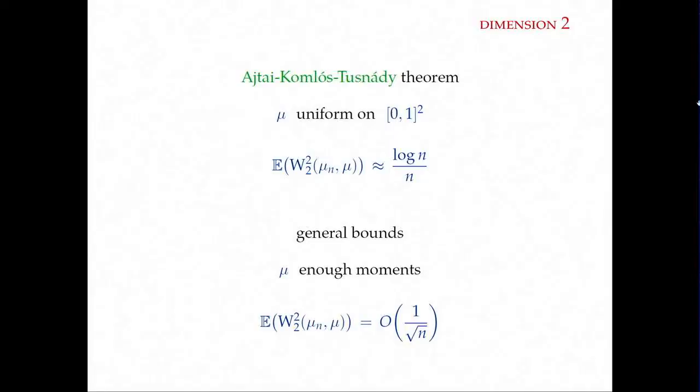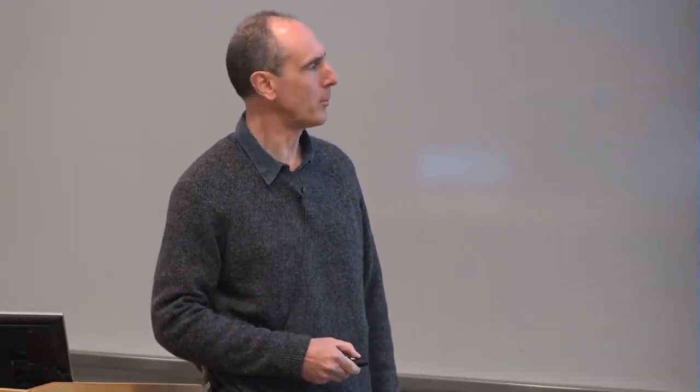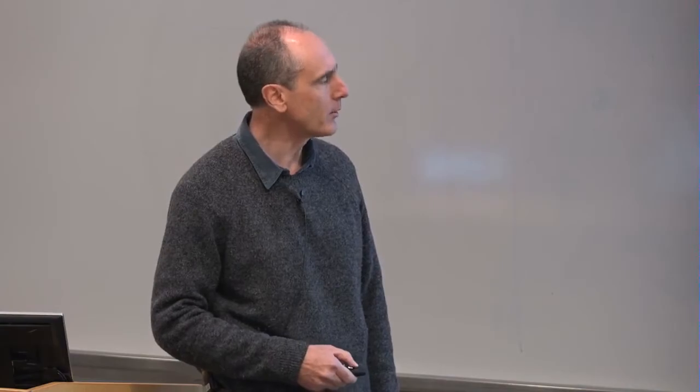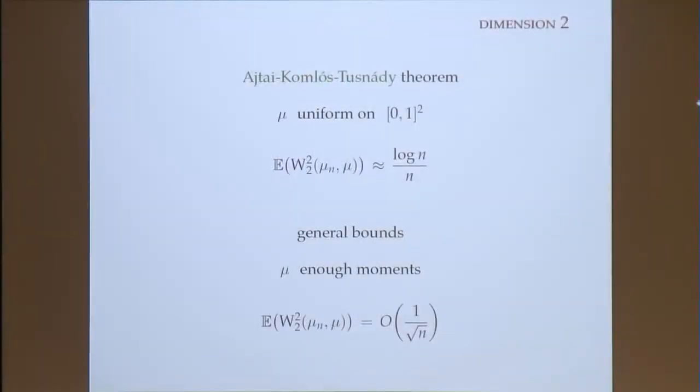And now we come to the question of dimension 2, and in particular this AKT theorem that I recall here, which for W2 expresses that you get log n divided by n. If we apply, as we just mentioned, the general bounds discussed before, you only get a 1 over root n, which is not very satisfactory.